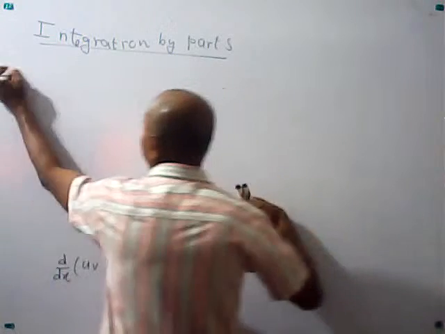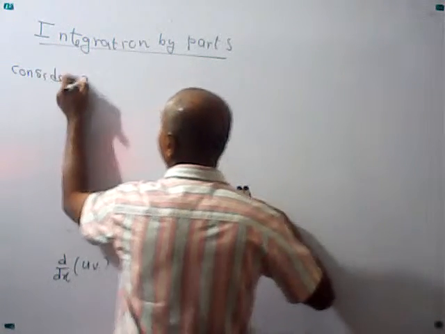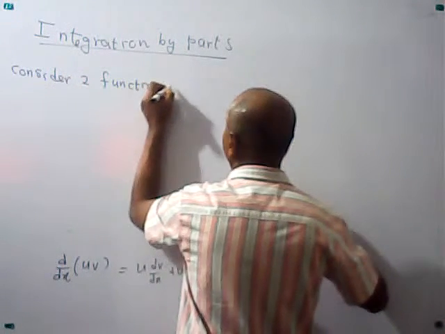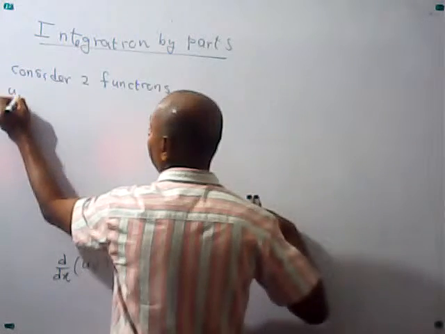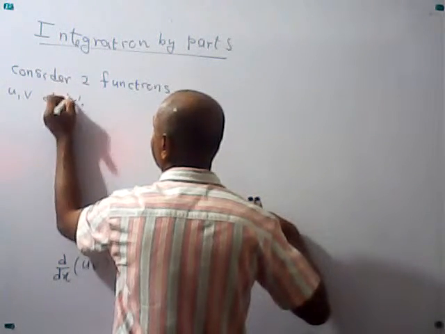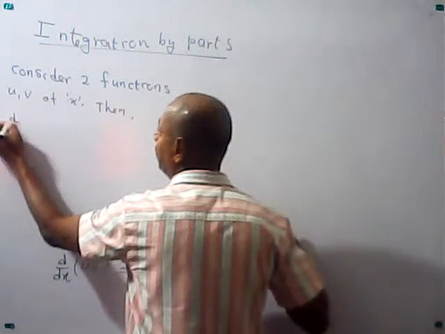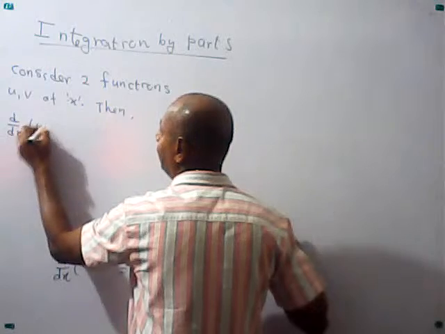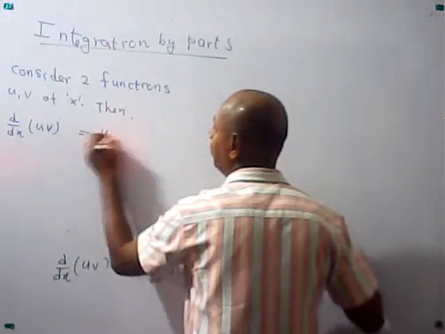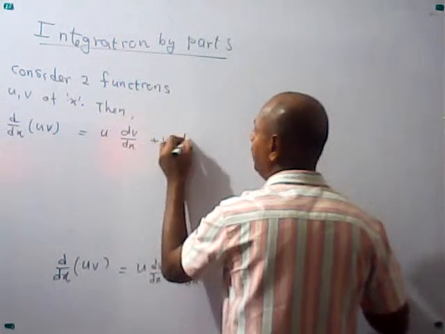Right. Consider two functions u, v of x. Then we have the product rule of differentiation, which says d by dx of uv is equal to u dv by dx plus v du by dx.